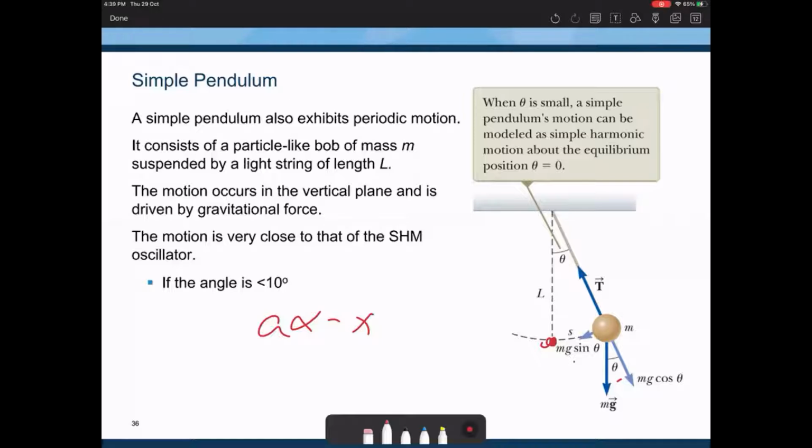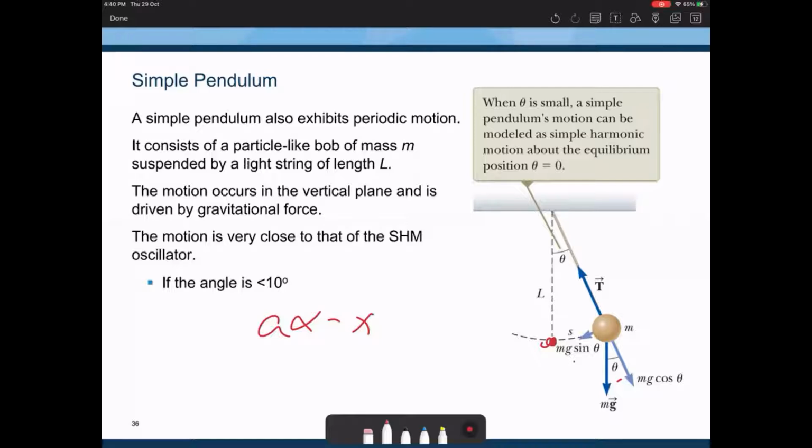But rather than considering the force in the horizontal direction, let us consider the forces in two perpendicular directions: one along the direction of the string, and one perpendicular to it. In the language of physics, it would be the tangential direction and the radial direction. In the tangential direction, you have mg sine theta.